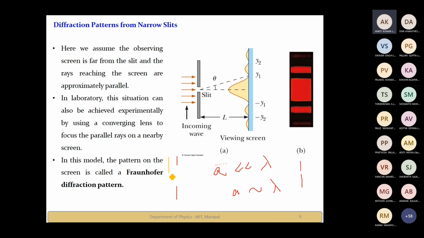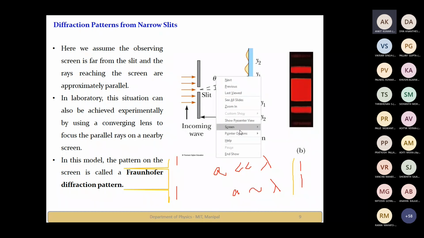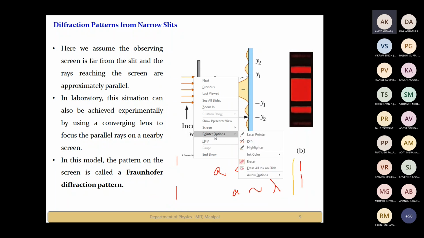So this is a wavefront. Sorry, I'm just drawing the wavefront. So give me a time.